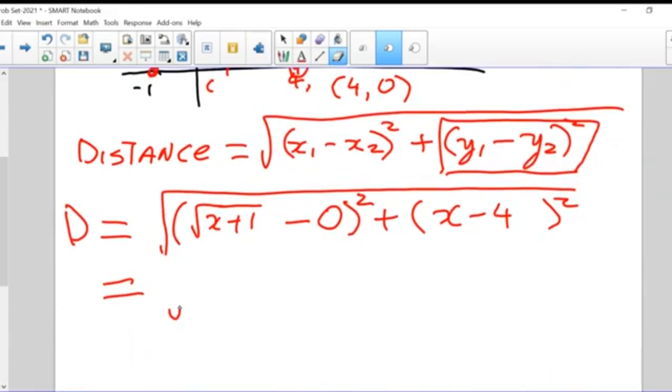So the square root of, help me out, folks. What happens when I square that first bracket? It's the square root of x plus 1 minus 0. The x plus 1, correct, because minusing 0 doesn't do anything. You're squaring a square root, so you're going to get simply x plus 1. Now, the second one is a little bit more work. What about x minus 4 squared?